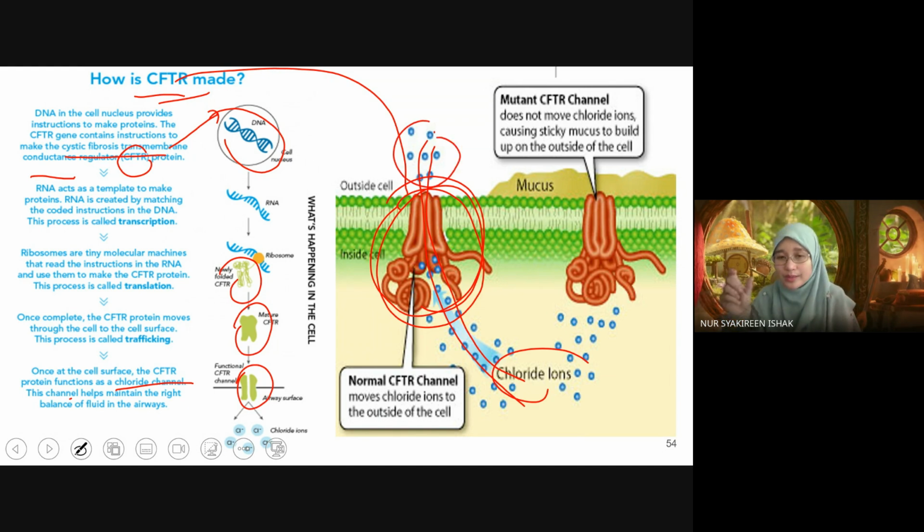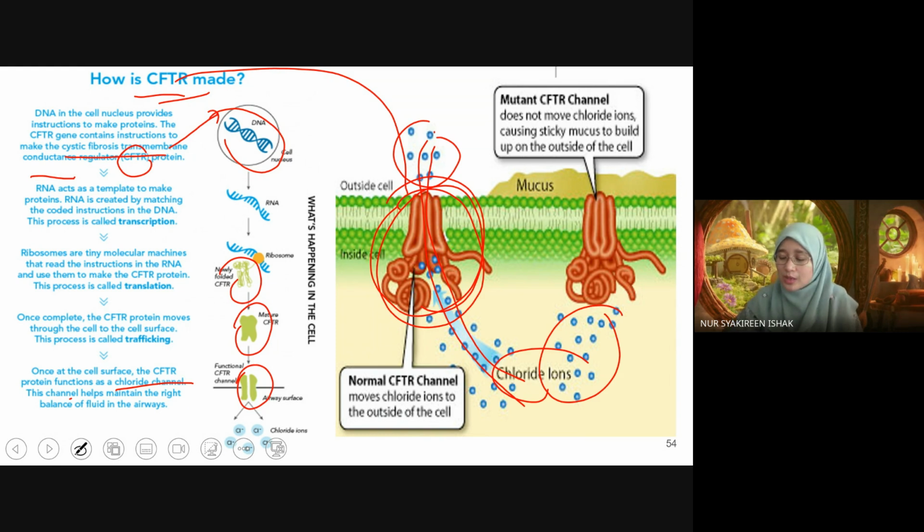So when the gene is mutated, it causes the channel to be defective or absent. So chloride ion from inside the cell cannot move out. The mutant CFTR channel does not move chloride ion, causing sticky mucus to build up outside of the cell.